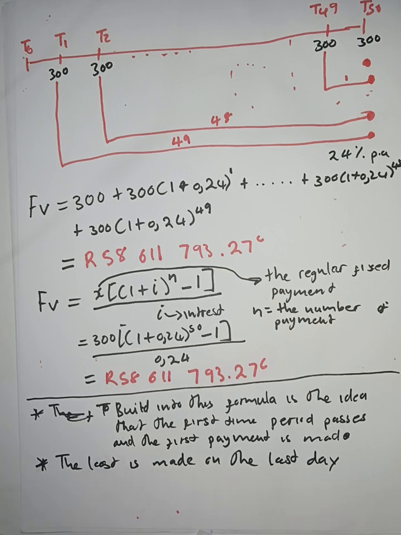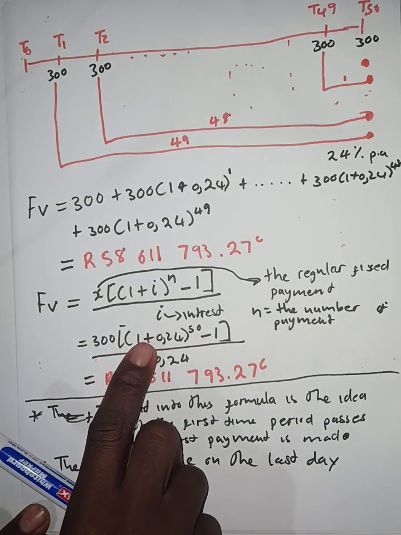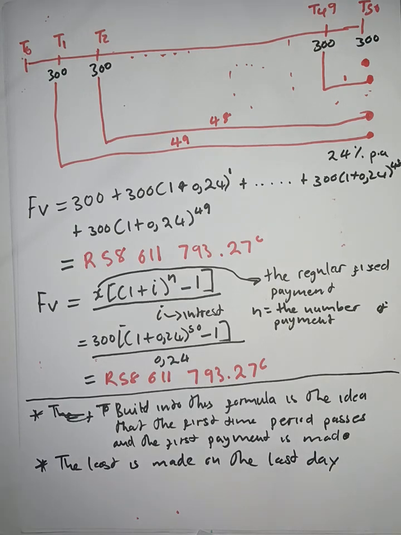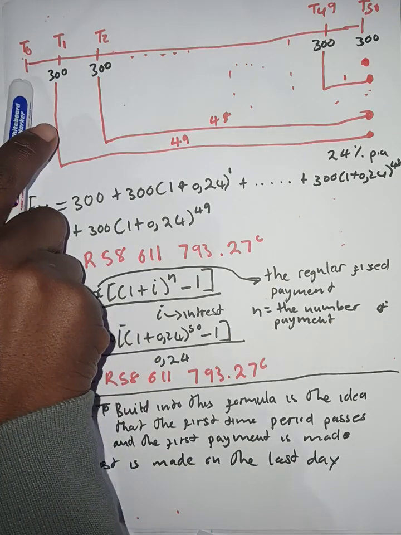That's what we are going to do in our next video, not the one we're going to do next, because the next one is practice questions to get used to this idea of the future value annuity. After that video, that's where we will look at what happens if you miss the last few payments, or if you decide to start immediately, in this case at T0.